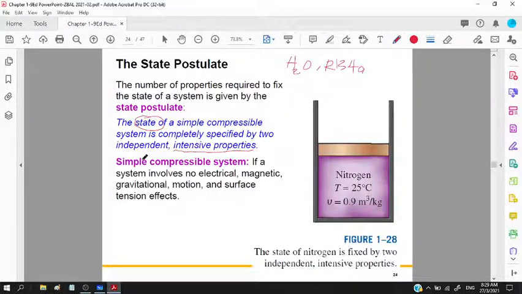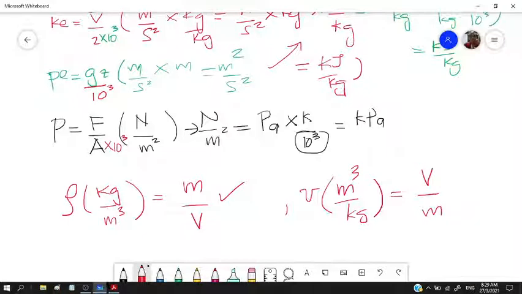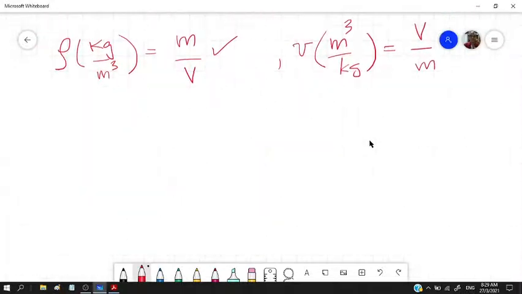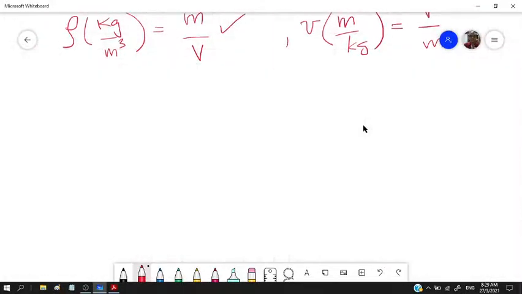Now we look at what is called independent properties. So let us look at water inside a piston cylinder device, or in a container. This is water, and this is our piston cylinder device. Let's say we have three states.